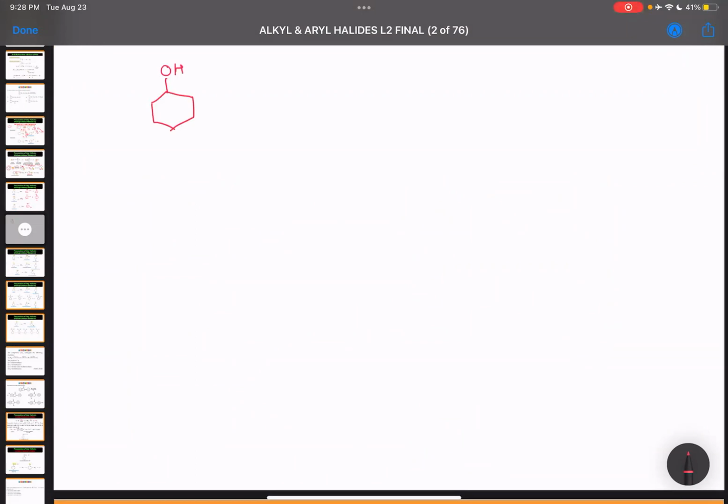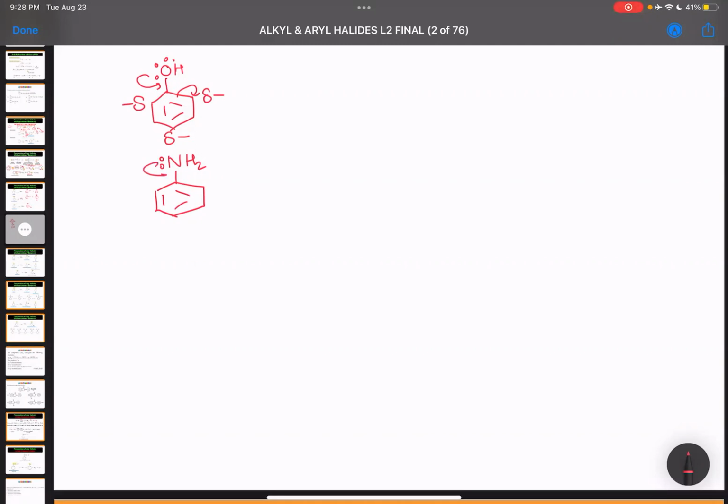So phenol and aniline, they have a lone pair in them. So what happens? This lone pair gets into the ring, and if you write the resonance structures one by one, it will appear at the ortho and para positions.